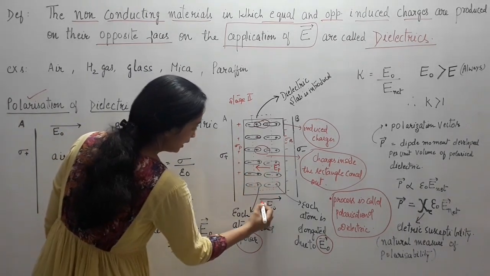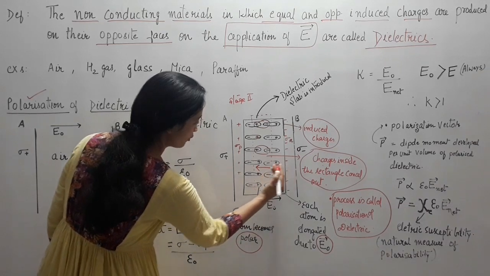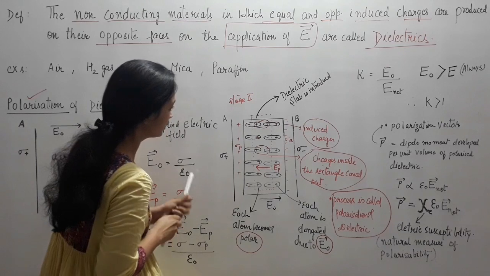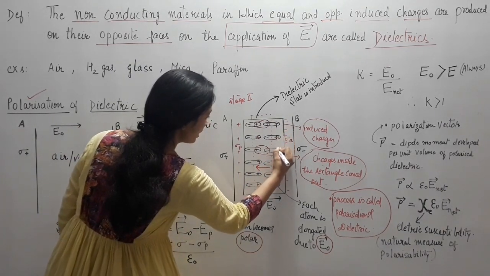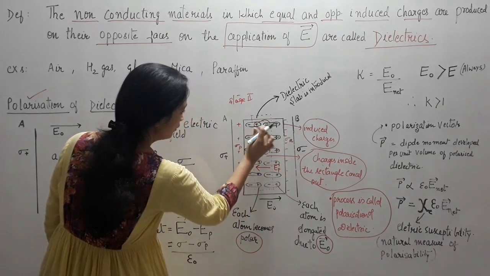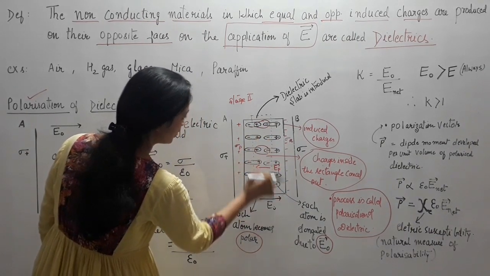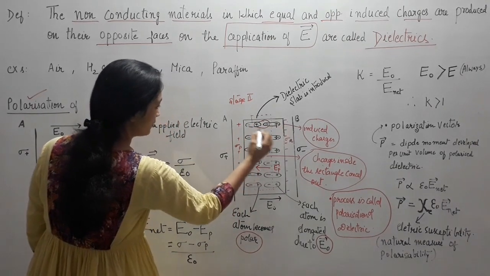Can you see? E applied is from left to right, and E polarized is from right to left, because this positive charge, let me mark it with a red pen. So all the extreme positive charges are left. Remember, the central charges being equal and opposite have cancelled each other. Now you are left with extreme charges, extreme positive, extreme negative.